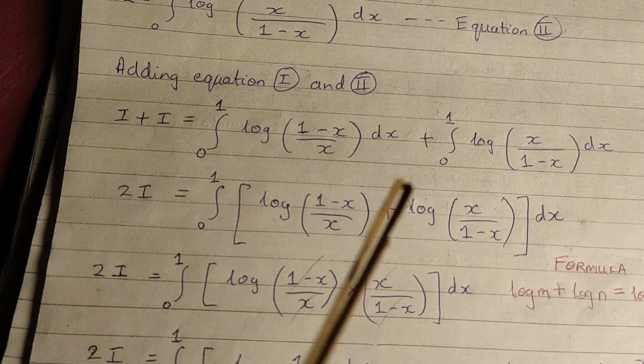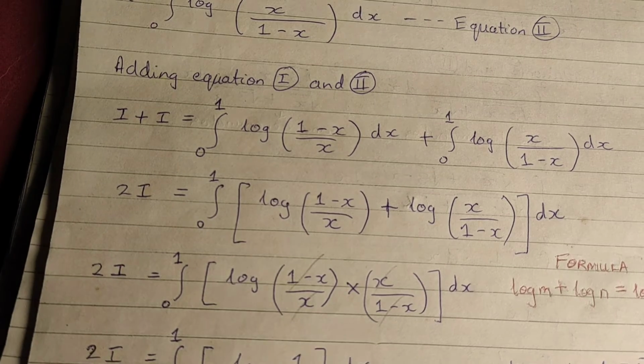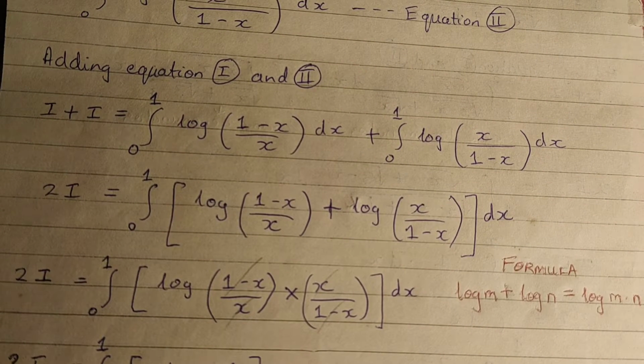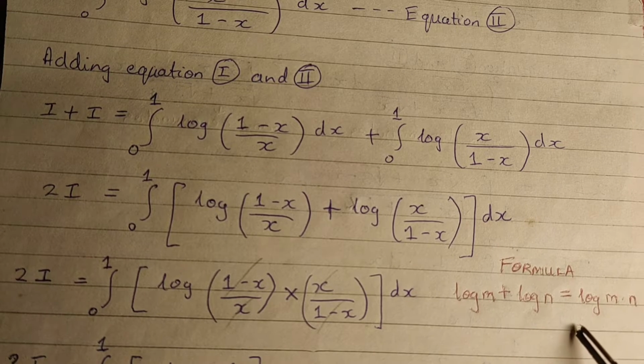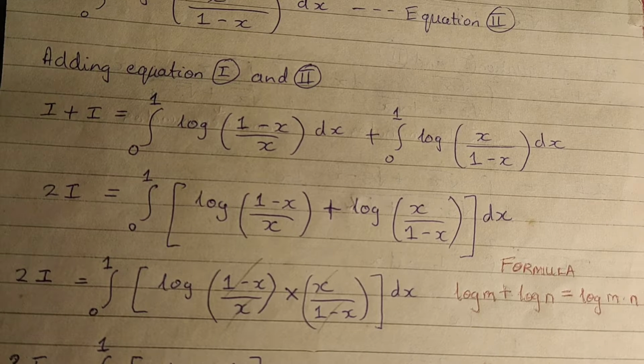So dx is taken outside and this limit is also taken outside. Now if you carefully see out here, according to this formula, log of m plus log of n is equal to log of m into n.